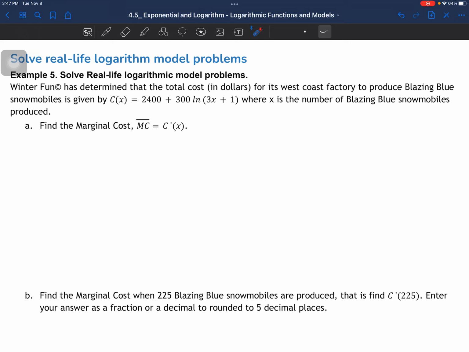They want us to find the marginal cost for this problem, right? So what we're going to do here is find the derivative of this, c of x, the original problem.